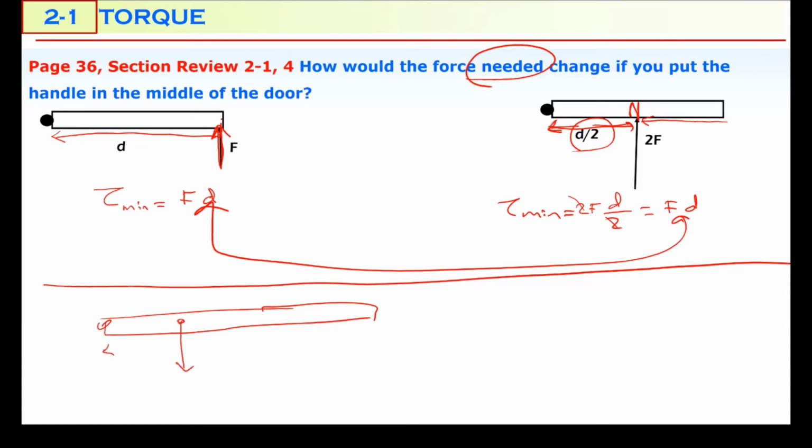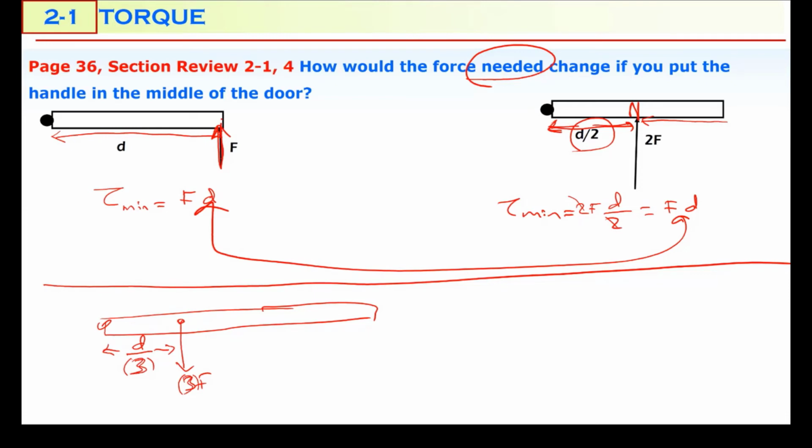So it will be D/3. So the force will be multiplied by 3. Yeah, 3F, you need 3 times. By what factor distance decreases, force must increase with that factor. So in here, distance decreases by 3, force must increase by 3 to get the same amount of torque.